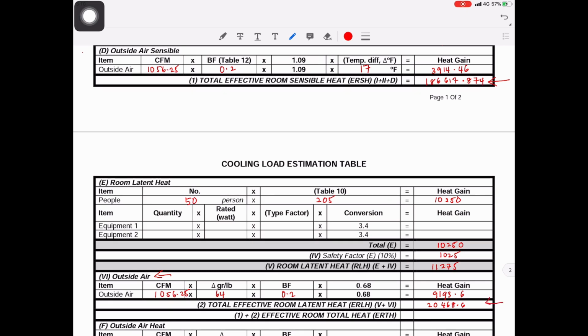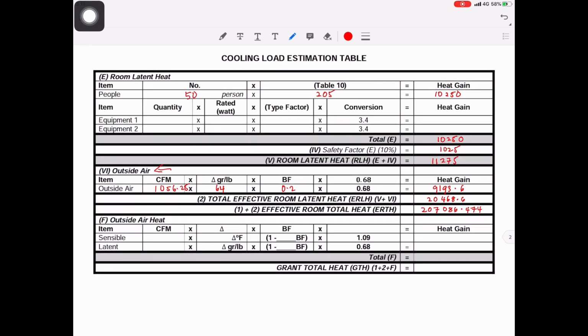For the outside air heat analysis in section F, again the CFM for the sensible and latent is the maximum CFM from the ventilation analysis, which is 1056.25.